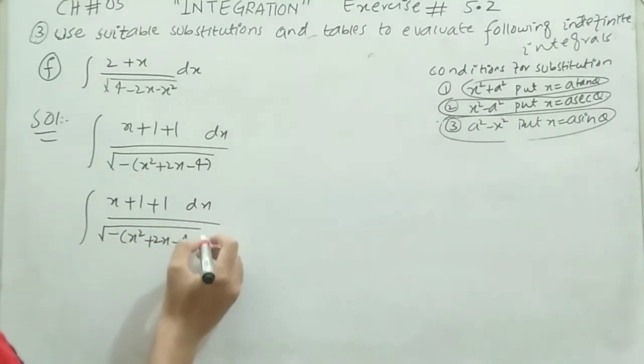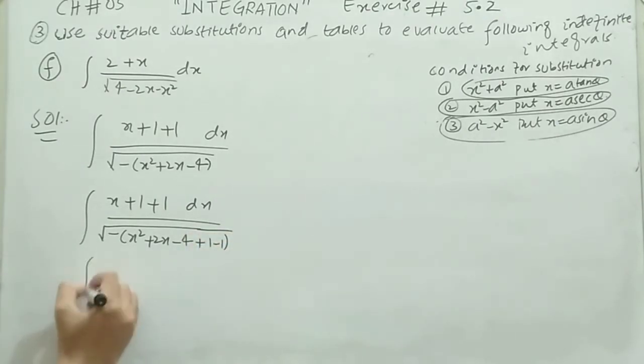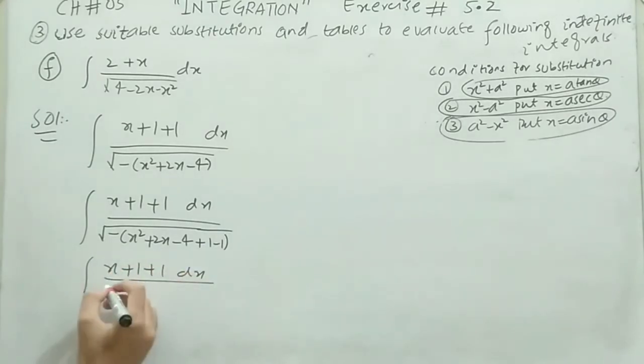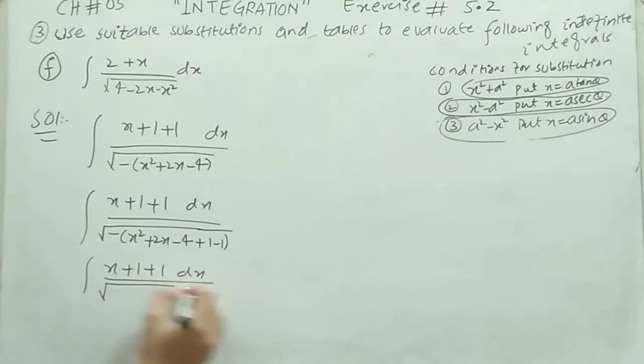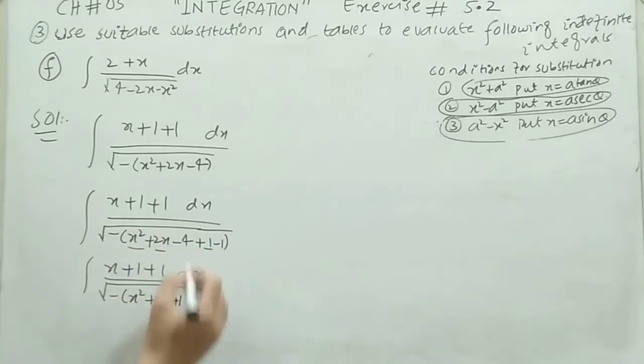I take plus 1 and minus 1 inside the bracket. So it becomes (x plus 1) dx divided by the square root of minus times (x square plus 2x plus 1, and minus 4 minus 1 gives us minus 5).